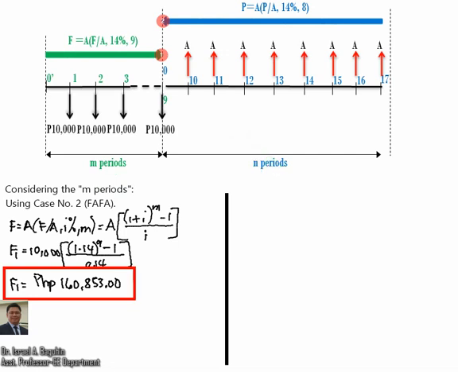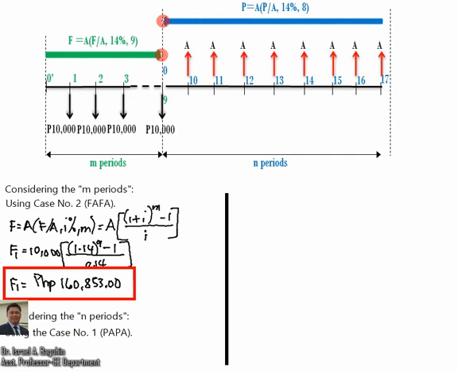So considering the N periods, we are going to determine the value of our P here, and we are going to use case number 1. So we denote this one as your PAPA.